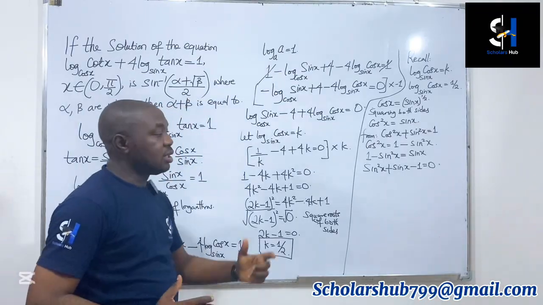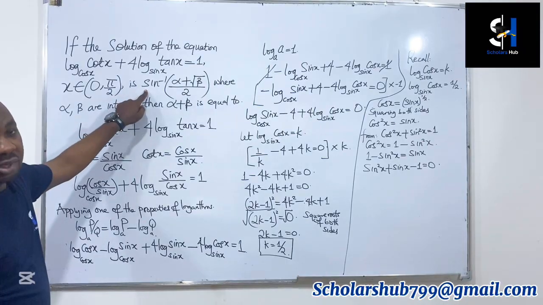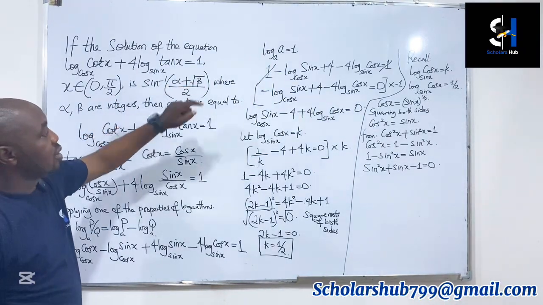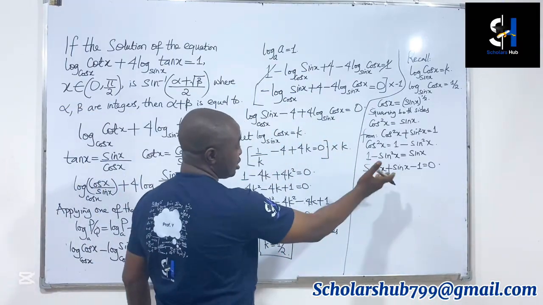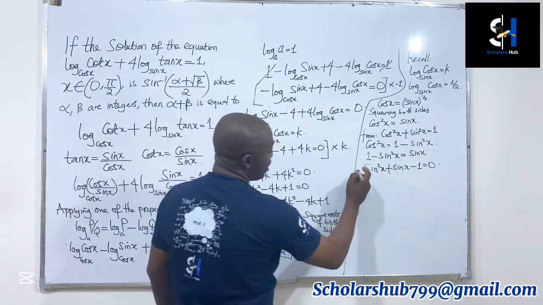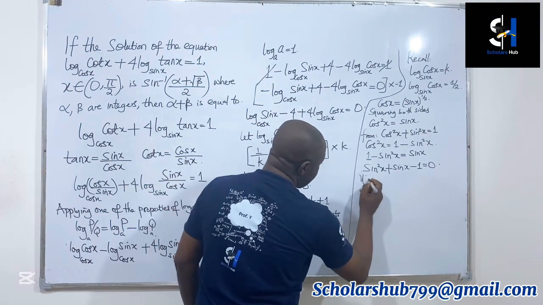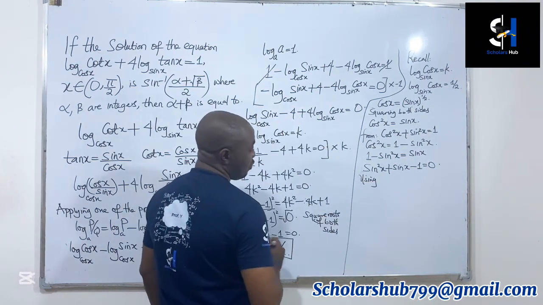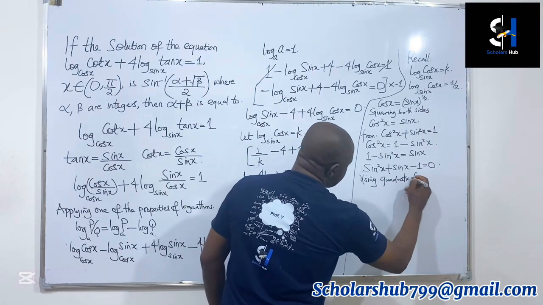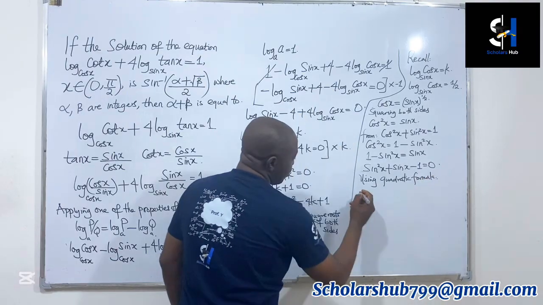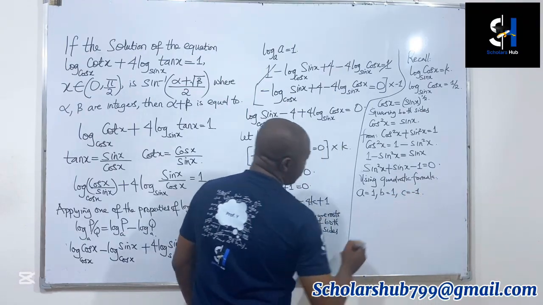So now, let's not forget that the solution to this equation is what we are given as the inverse sine of alpha plus square root of beta divided by 2. In this case we cannot factorize this, so let's use the quadratic formula. We can say that a equals 1, b equals 1, and c equals minus 1.